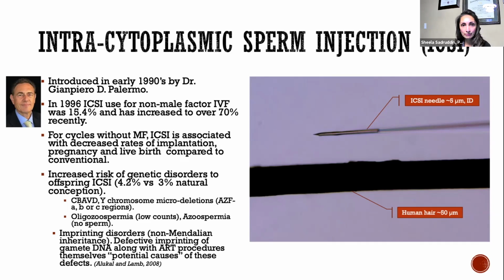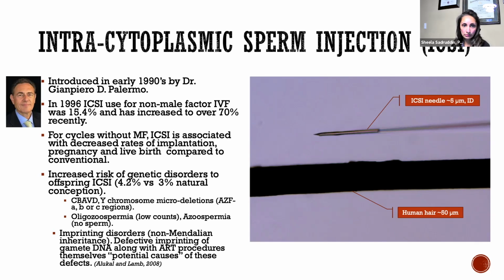Obviously, if you're using sperm from a male that presents with a male factor, and we're creating offspring which otherwise he would not be able to do, the chances that he's passing on that genetic material and his offspring will then also inherit that genetic disorder are more likely than someone who presents without a male factor.